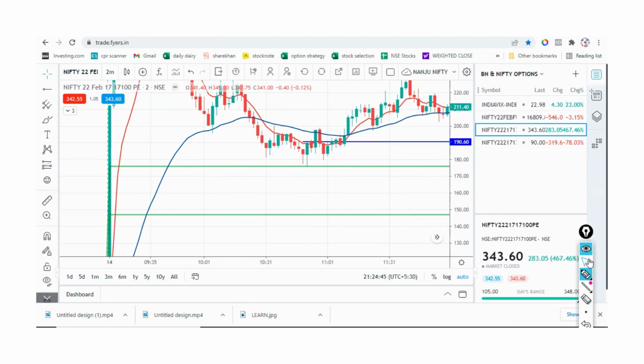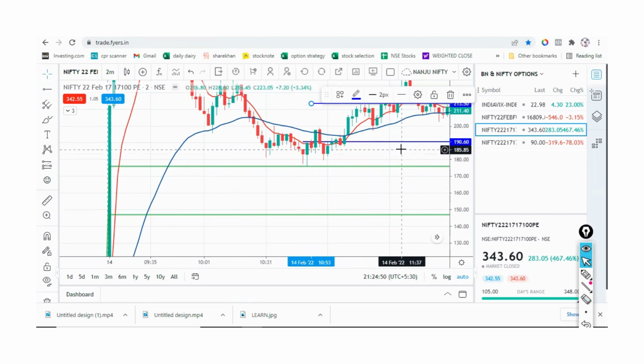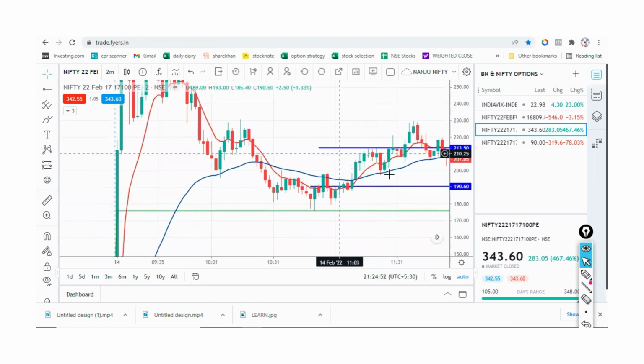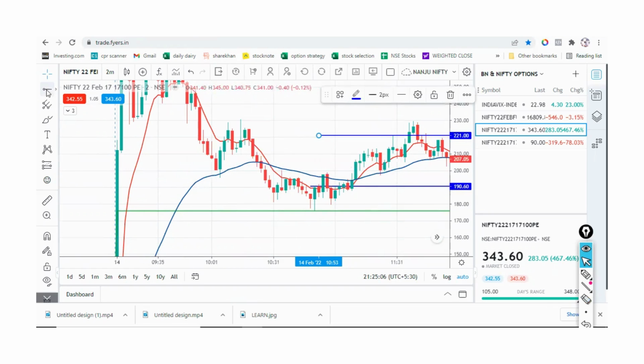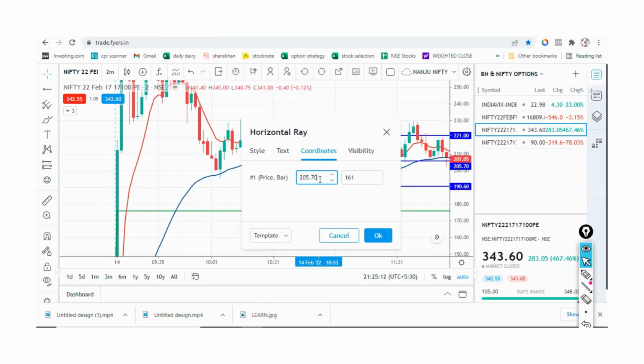221 is my second target. My first target is, not 215, 190 plus 15, 205.